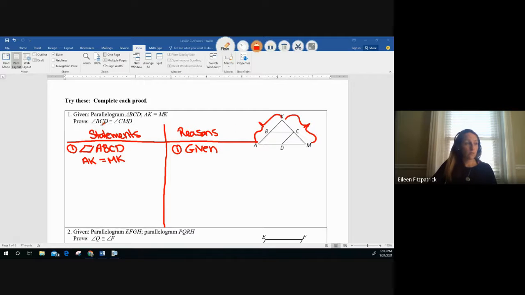We're trying to prove that angle BCD, so this angle right here, is congruent to angle CMD, this angle here. I'll mark it for just a minute and then I'll erase it. I want to prove that that angle is congruent to this angle.